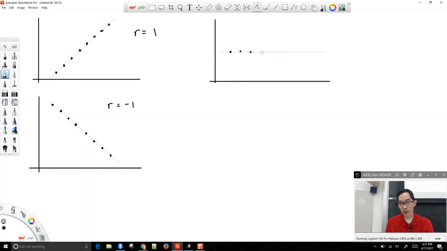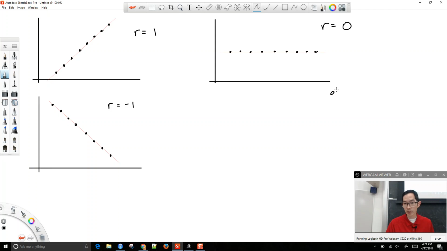R here is equal to 0. All right, and then for your last one, I'm going to put a little plot here.